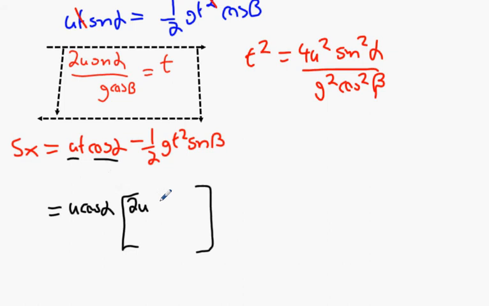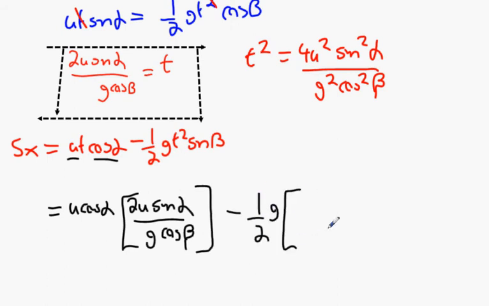T is 2u sine alpha by g cos beta, minus a half g. What's t squared, guys? Sine squared alpha over g squared cos squared beta.